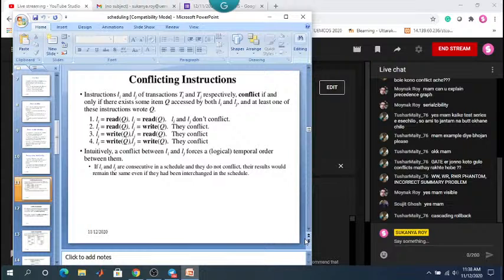The same holds if both write, or one writes and one reads. Obviously both occur on the same data. If read and write operations occur on the same data, then only will they produce conflicting instructions.